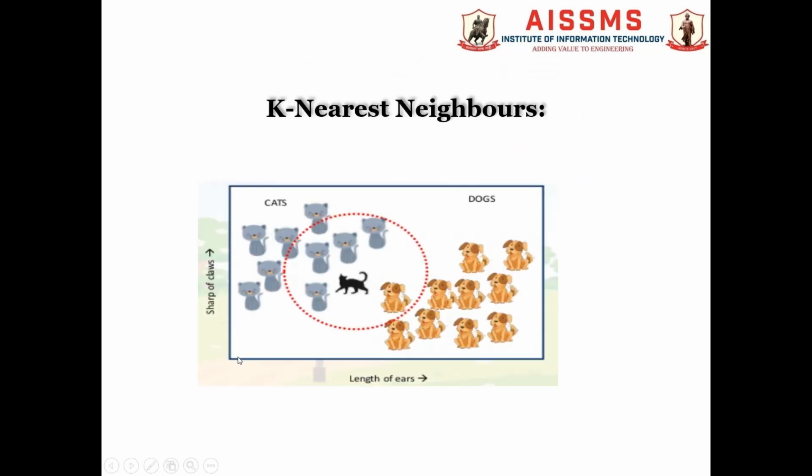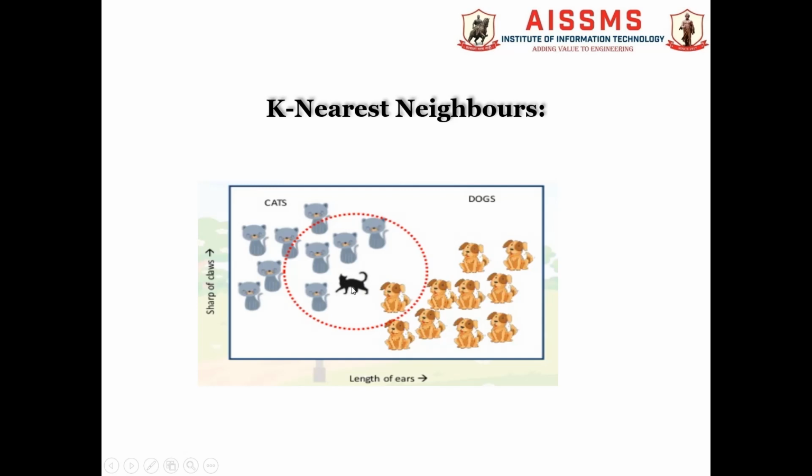In this example also we can observe that based on two parameters, that is length of ears and sharpness of the claws, we have to categorize this particular black image either in the cat category or in the dog category. Now here we can observe that 5 data points are considered to find the distance with this black data point.